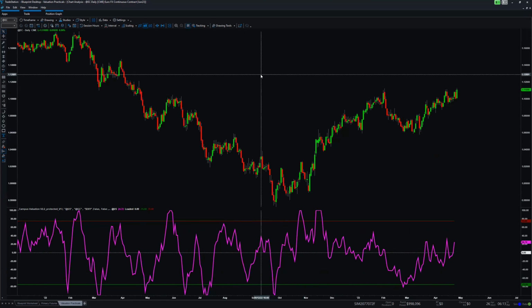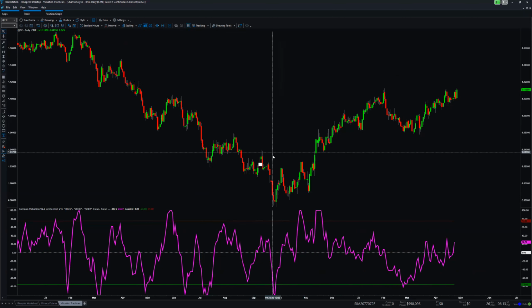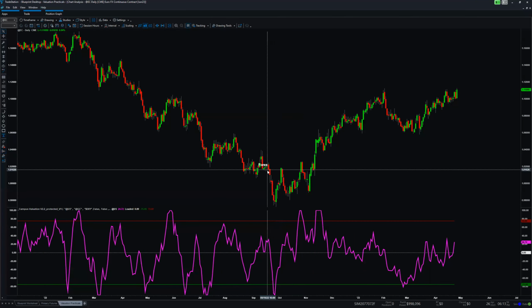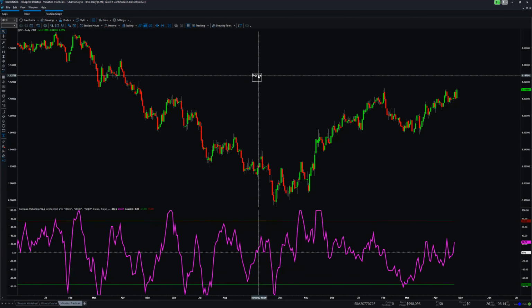For Forex, we only have one cycle usually, and that is the 10-day cycle on a daily chart.